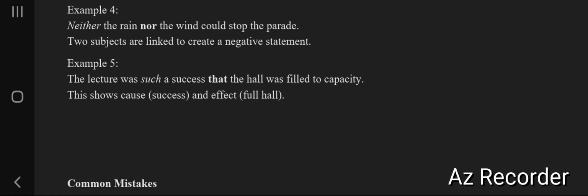The lecture was such a success that the hall was full to capacity. This shows cause, success, and effect, full hall. Notice that in each example, the two parts connected by the conjunction have the same grammatical structure and are logically parallel.